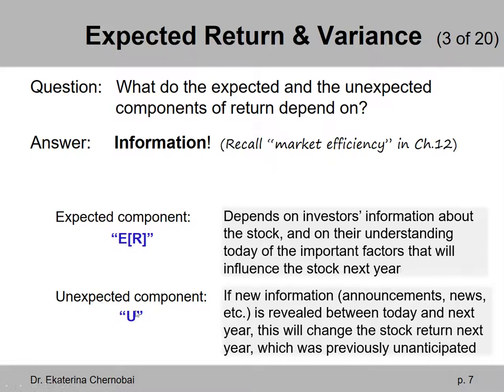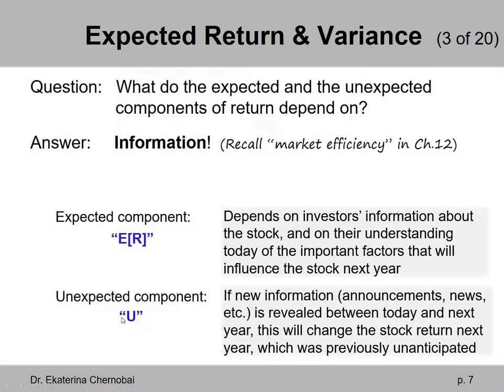What about the unexpected component, the capital U? That's the error we're going to make, right? How much off we will be when we are at that point of time in the future for which we were trying to estimate the stock return, and realize that okay, we are off, we overestimated or we underestimated.